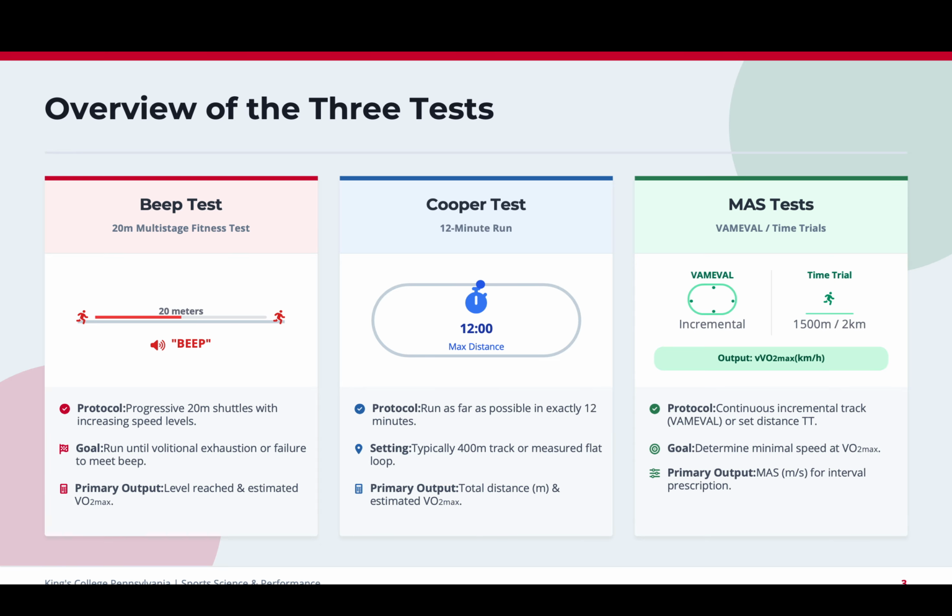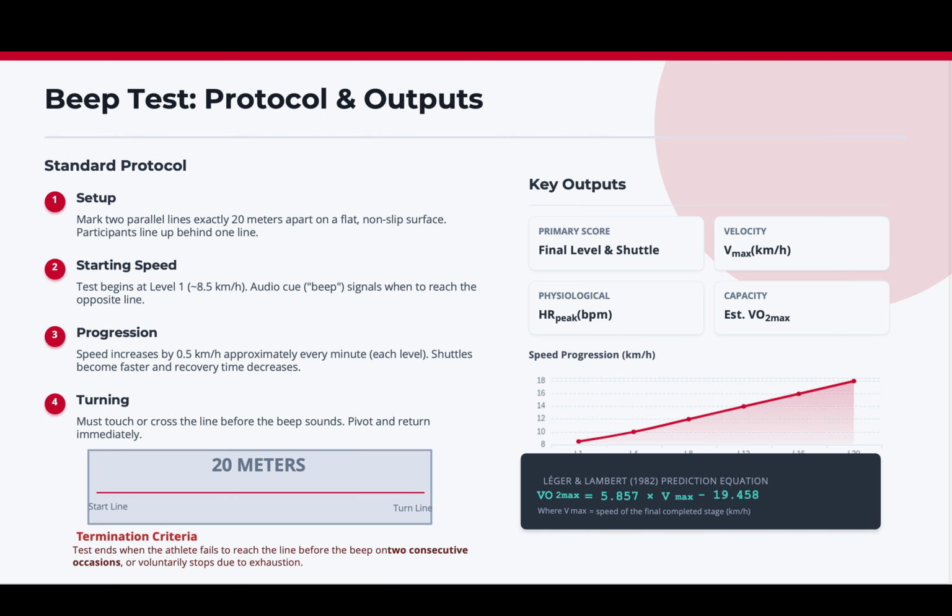The maximal aerobic speed test, FEMEVAL, and the time trials: it's a continuous and incremental track or a set distance, like the time trial. It determines the minimal speed at VO2 max, and the primary output will be maximal aerobic speed for interval prescription.